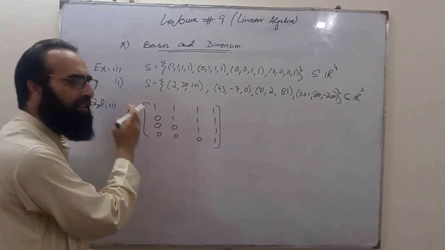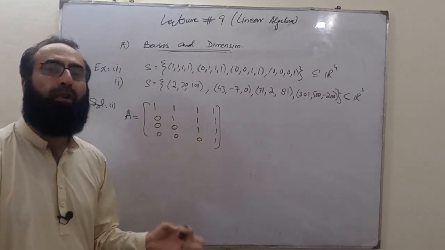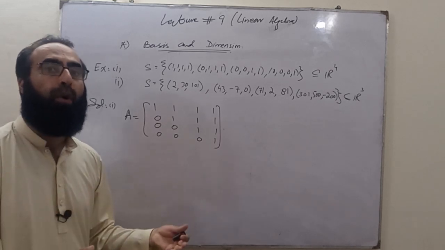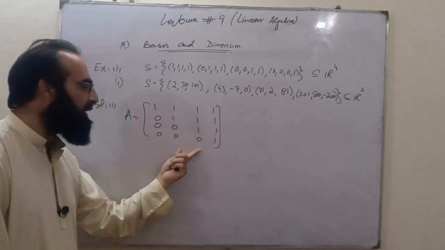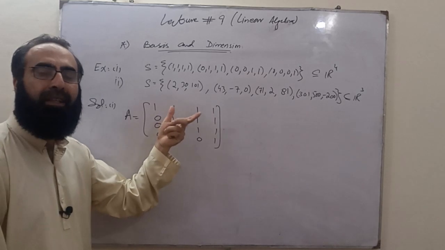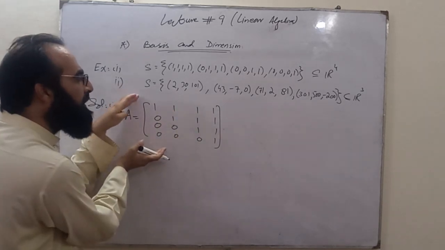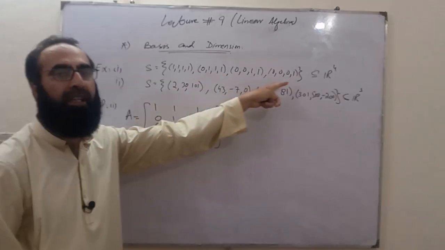This matrix is in proper echelon form, and we already discussed that row operations basically eliminate the dependent row, means the dependent vector, and we observed that there is no zero row, means each row is an independent row. So this shows that all these rows are independent rows, means all these vectors are independent.